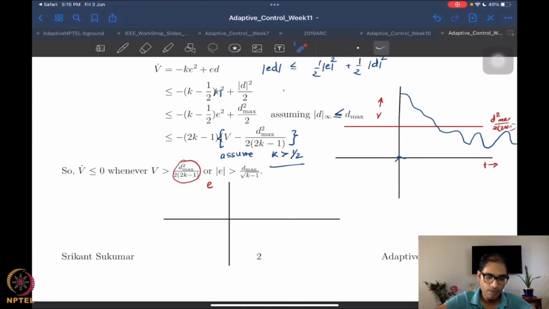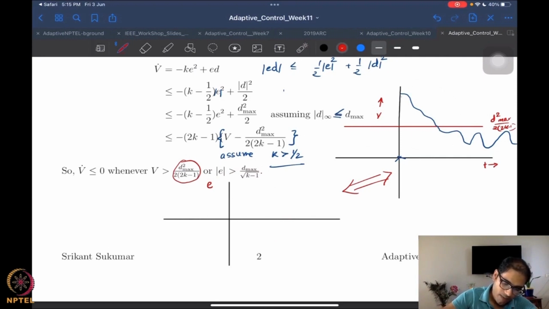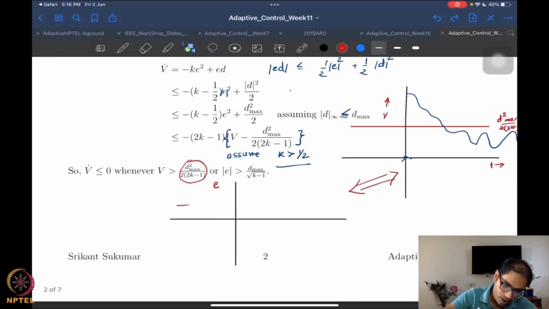So whenever I plot V, it's almost equivalent to plotting E. So this picture and this picture will have a nice equivalence, going back and forth. The only thing is this plot is on the positive side. This plot can be on both sides. So suppose I make this side of a picture. Okay. Now I have to make two boundaries.